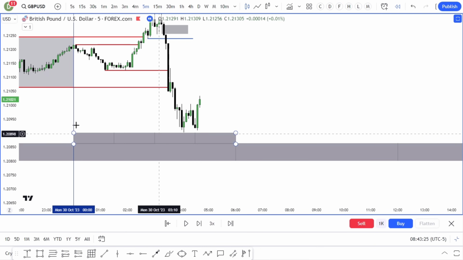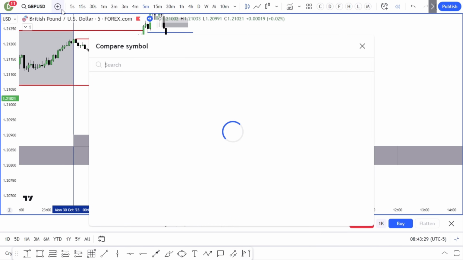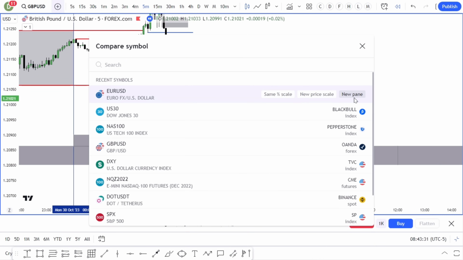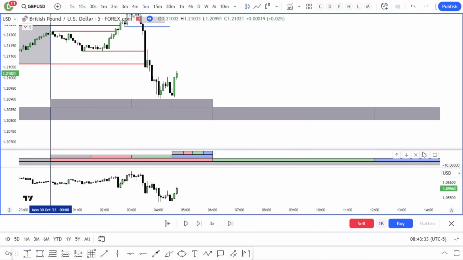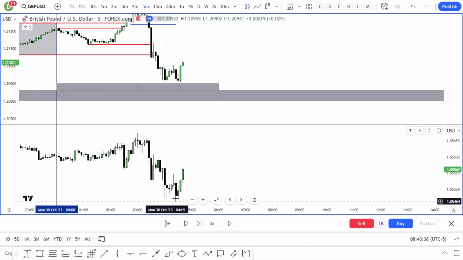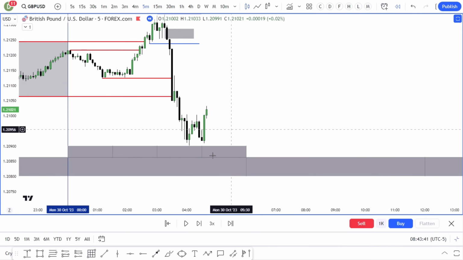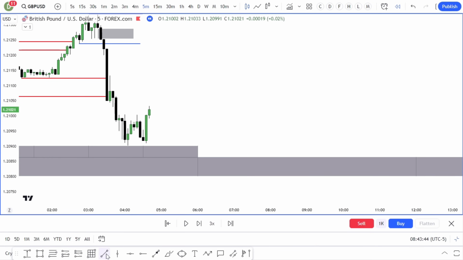Price creates this, and chances are if it does this, it has pretty much provided an SMT divergence on EU. Let's just see. Can you remove this? Yes, we got an SMT divergence indicating high probability reversals, so we would regard this as our breaker.